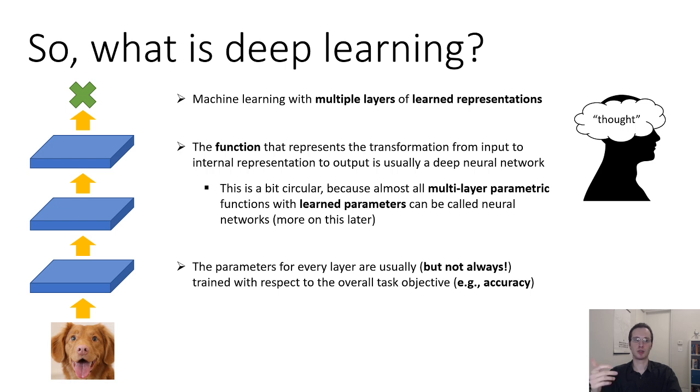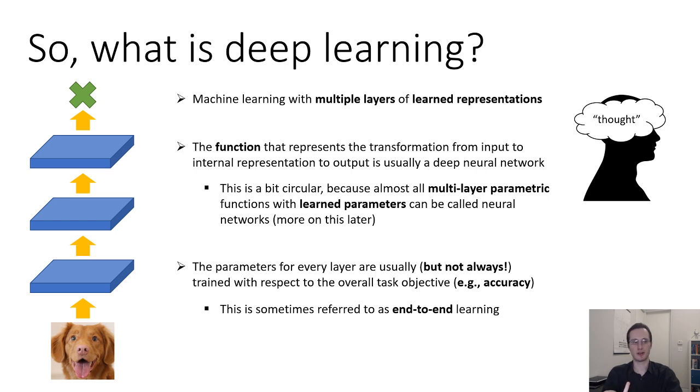We will talk about methods that separately learn representations and then learn to predict the quantity of interest, but oftentimes deep learning works really well when all of the representations are learned together so as to get the right answer. And this is sometimes referred to as end-to-end learning. It's called end-to-end learning because every part of the model is trained so that at the end it produces the right answer.